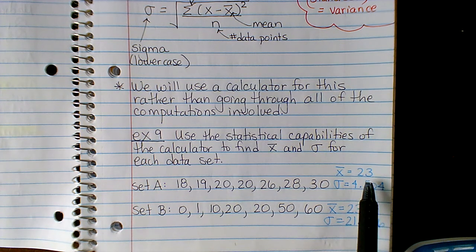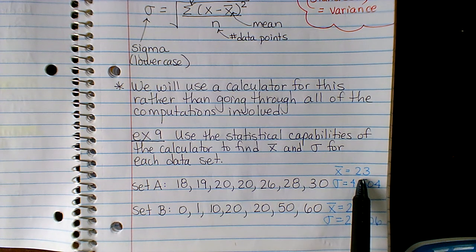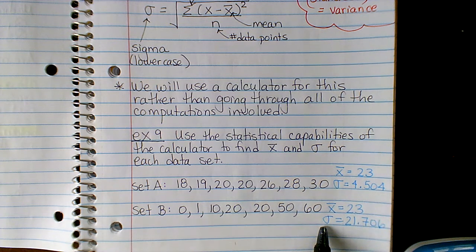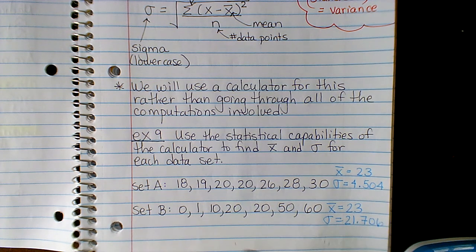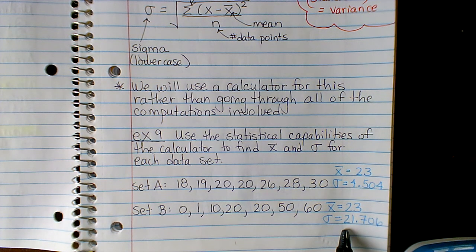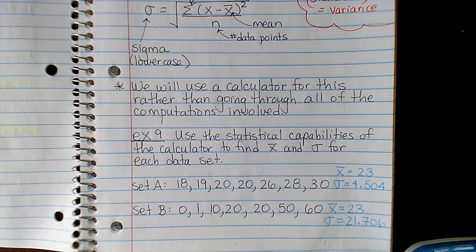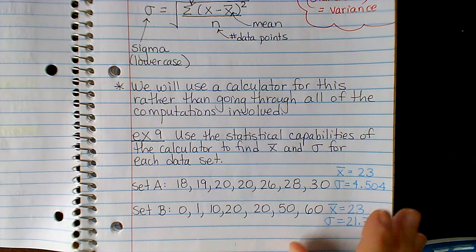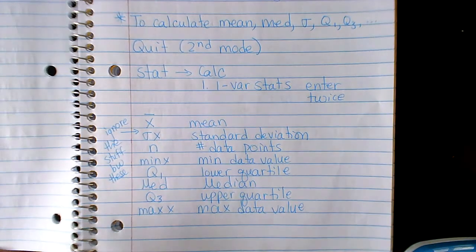They're all kind of a little more hugged up on this mean. This, having a standard deviation that's a lot bigger, means that the data points are a lot more spread out from this mean. Okay, so that's what the standard deviation is going to tell you.